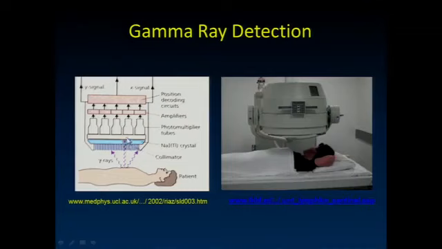When we give a radiopharmaceutical to a patient, we end up with a distributed source of radiation. And so we really need to make sure that we only detect gamma rays traveling in a particular direction. Otherwise, our image is just going to be an absolute blur of activity traveling in all different directions.